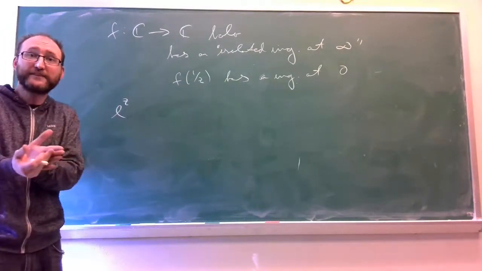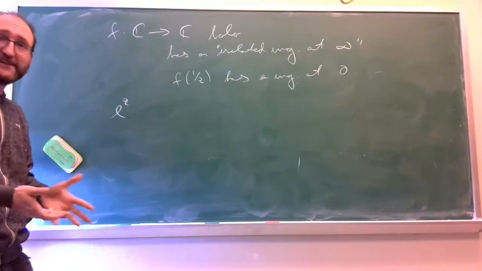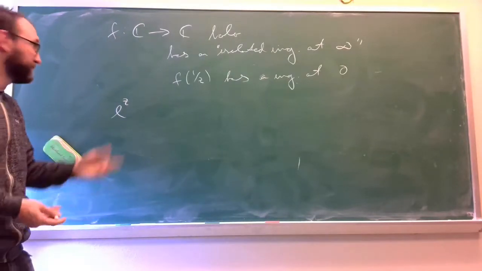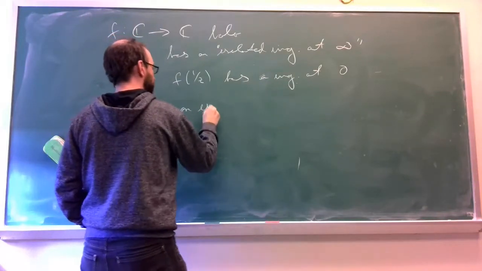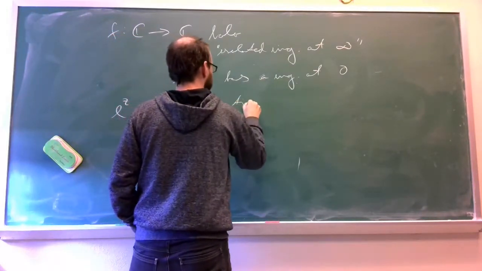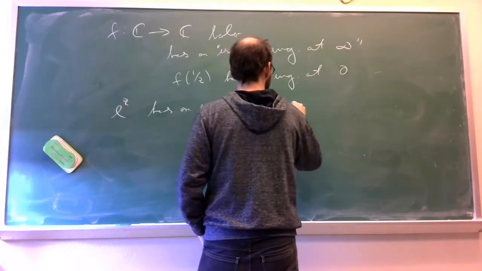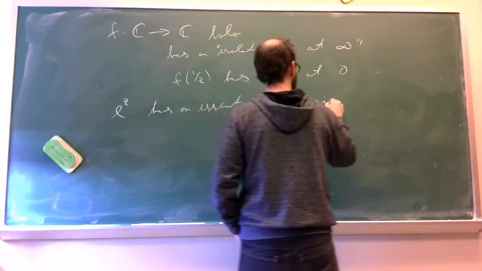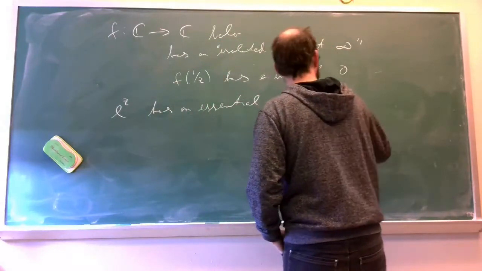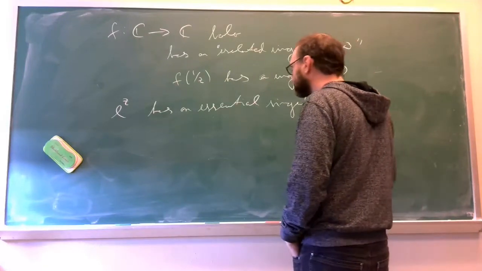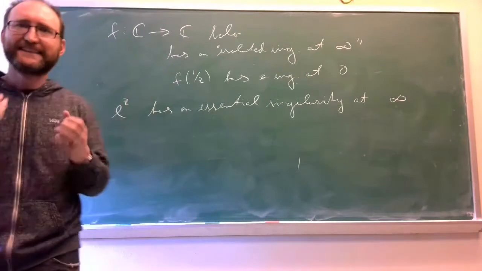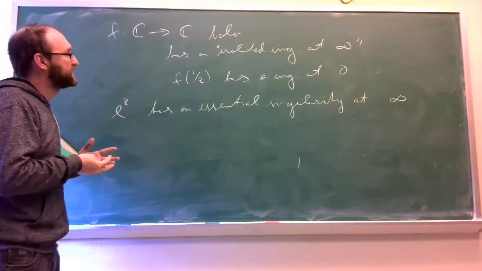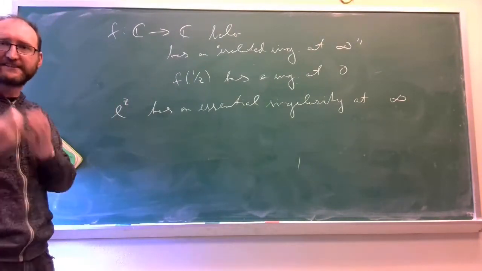Well, e to the 1 over z has an essential singularity at 0, so that means e to the z has an essential singularity at infinity, right? And actually, it turns out that every entire function which is not a polynomial has an essential singularity.